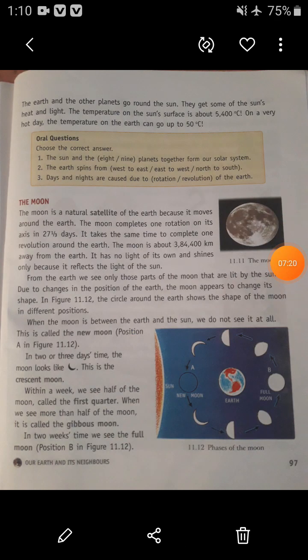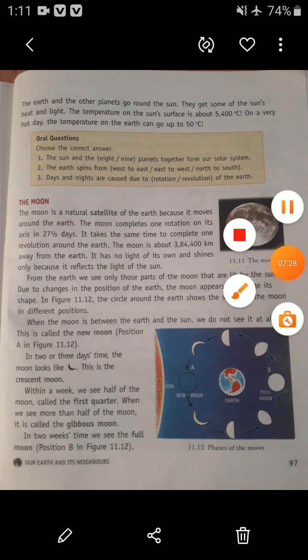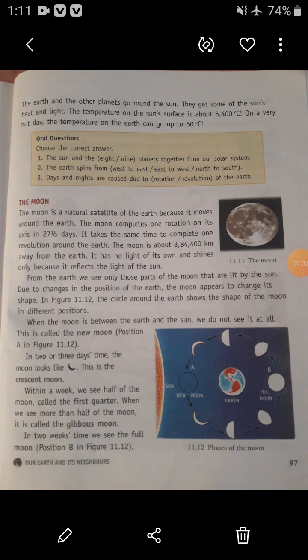Now let's come to the next page. The Earth and the other planets go around the sun. They get some of the sun's heat and light. The temperature of the sun's surface is about 5400 degrees Celsius.